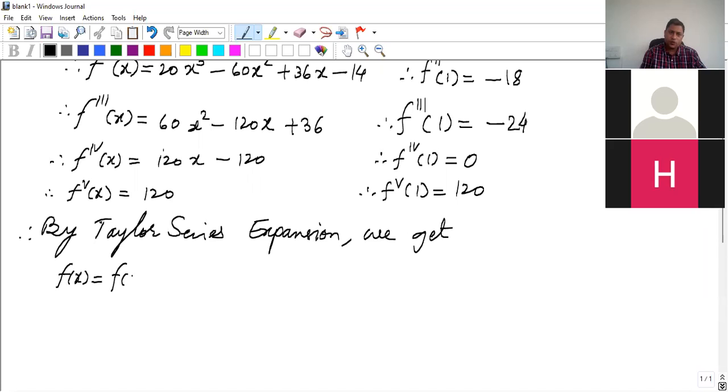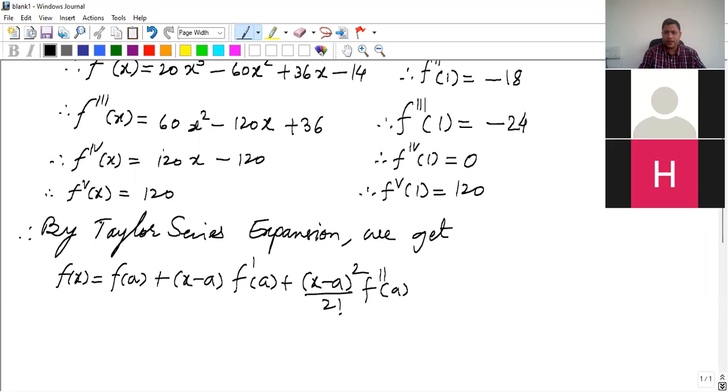F of x is equal to f at a plus (x minus a) f dash at a plus (x minus a) bracket square by 2 factorial f double dash at a plus (x minus a) bracket cube by 3 factorial f triple dash at a, and so on. That's what we have. Here a is equal to 1.